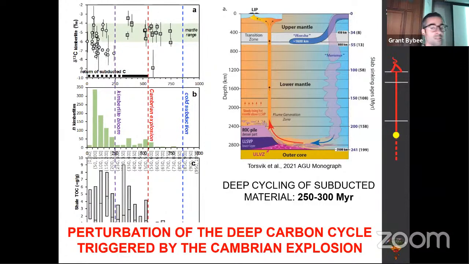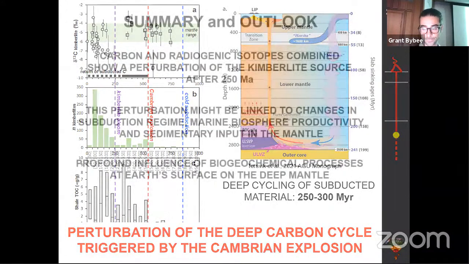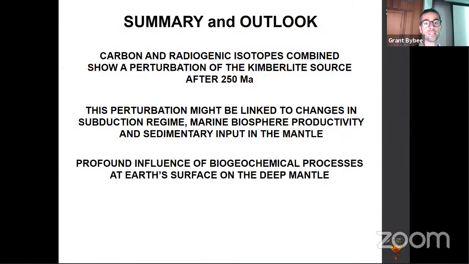In other words, changes in marine productivity, and therefore increased export of organic carbon to the sea bottom and ultimately subduction, might have modified the carbon budget and isotopic composition of regions of the deep Earth that are sampled by kimberlites.